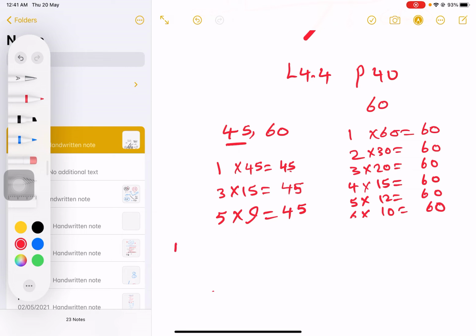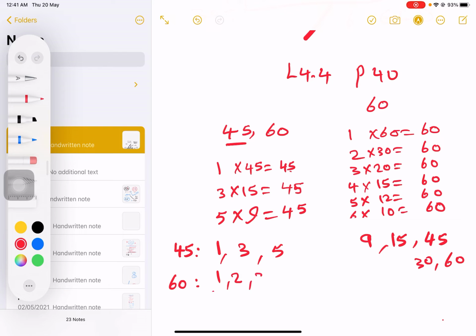I will write 45 here like this: 1, 45. 3, 15. 5, 9. Now 60 here: 1, 60. 2, 30. 3, 20. 4, 15. 5, 12. And 6 with 10.